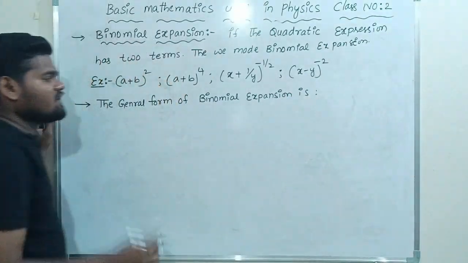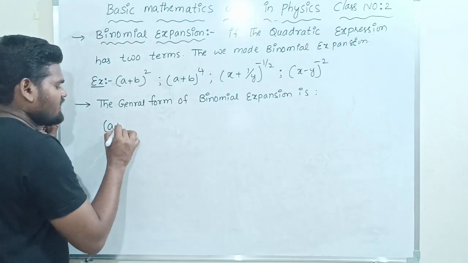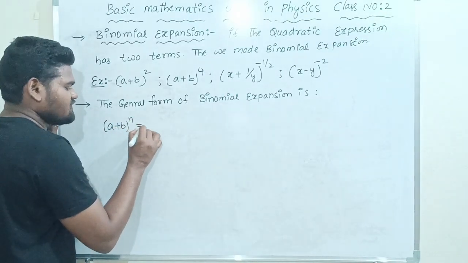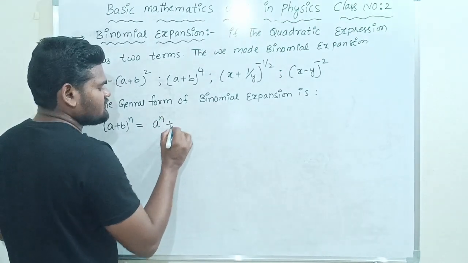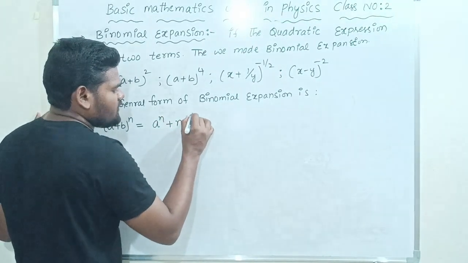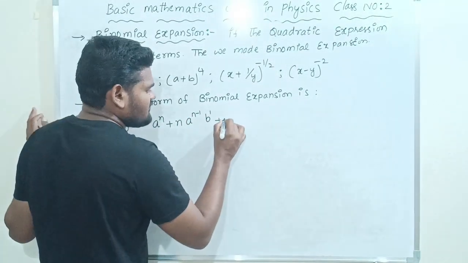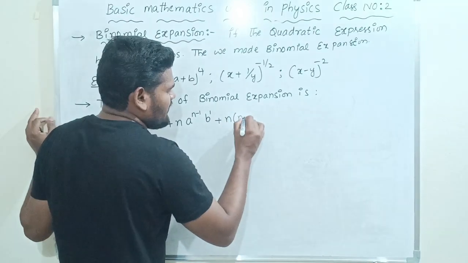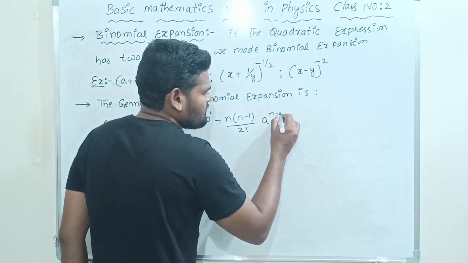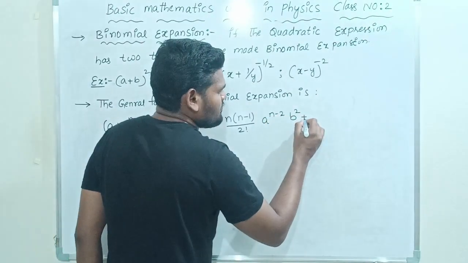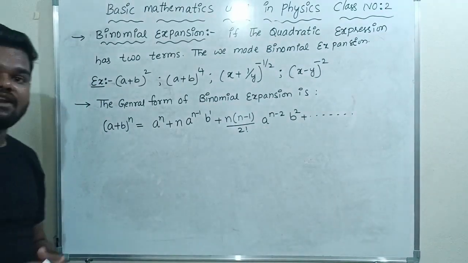The general form of binomial expansion is a plus b whole to the power of n is equal to a to the power of n plus n into a to the power of n minus 1 into b to the power of 1 plus n into n minus 1 by 2 factorial into a to the power of n minus 2 b square plus and so on. So this is the general form of binomial expansion.